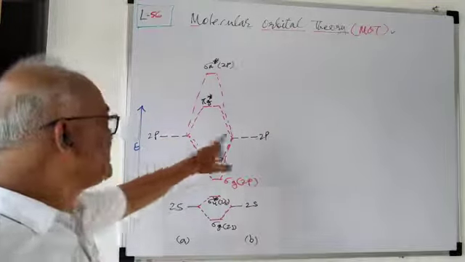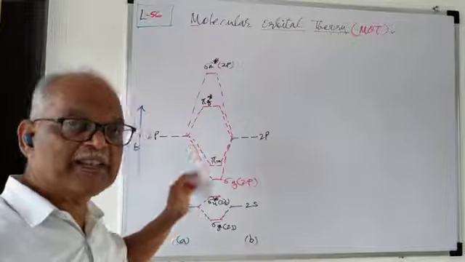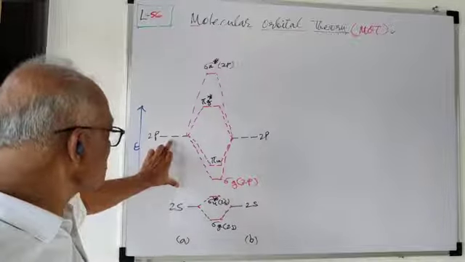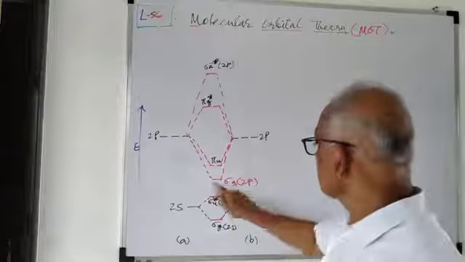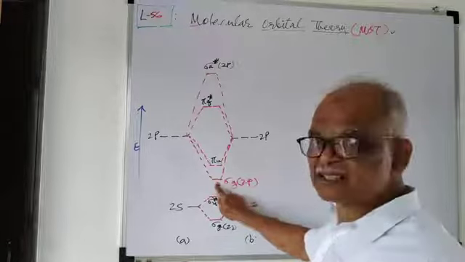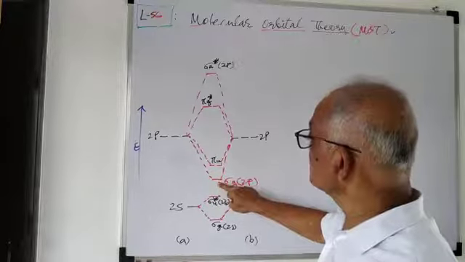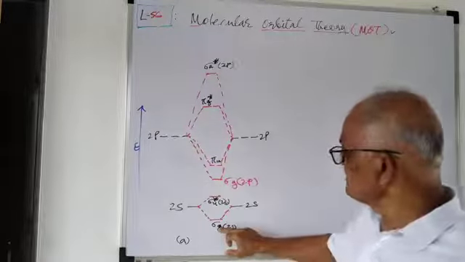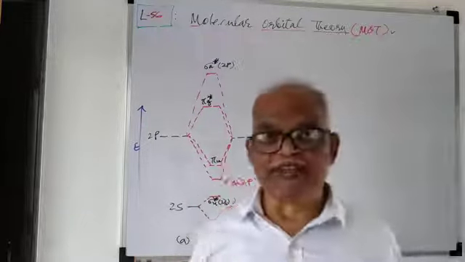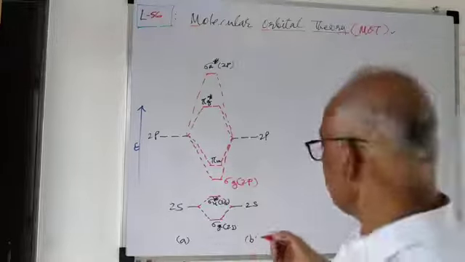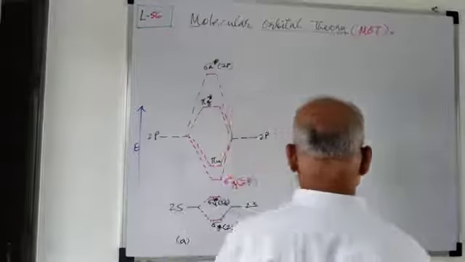There are also 2 pz orbitals, 1 pz here and 1 pz here, so they also have sigma type symmetry. The energy difference between 2s and 2p is not much, it is small. So the sigma g molecular orbital from 2s and the sigma g orbital resulting from 2p are very close to each other, so they can undergo interactions. They will interact with each other, and as a result we will obtain the new diagram.